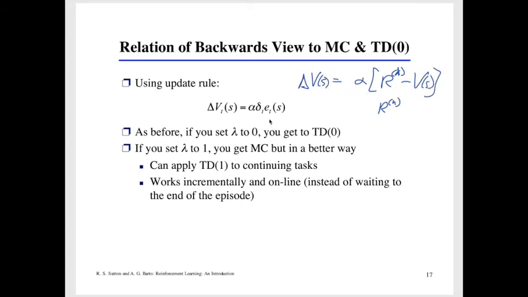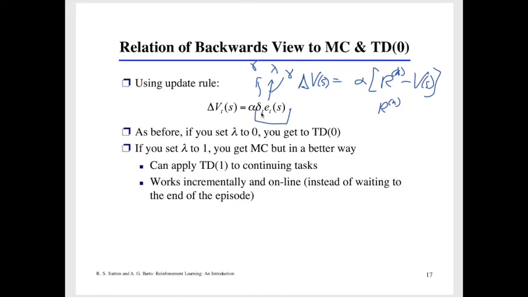Now alpha is still there, but the delta and the epsilon still have these. Epsilon has lambda in there, and delta has gamma in there, and epsilon actually has gamma as well.